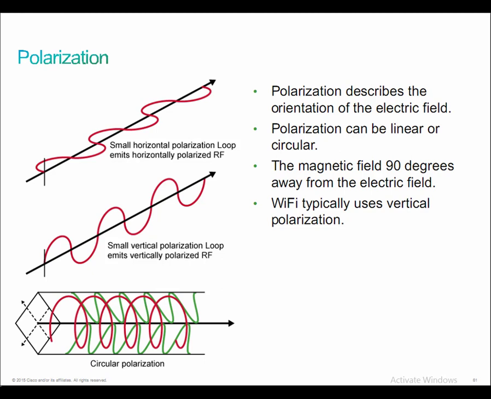Let me see if I can describe this a little bit more so that it's maybe a little easier to understand. All right. An electromagnetic wave, in this particular case, radio frequency waves, consist of coupled oscillating electric fields and magnetic fields. And these fields are always perpendicular by convention.